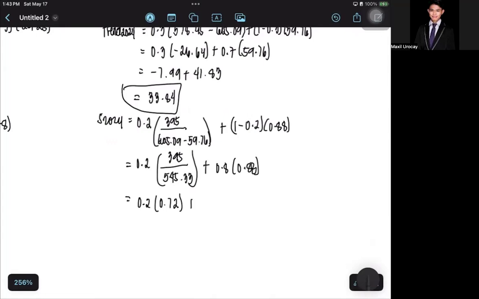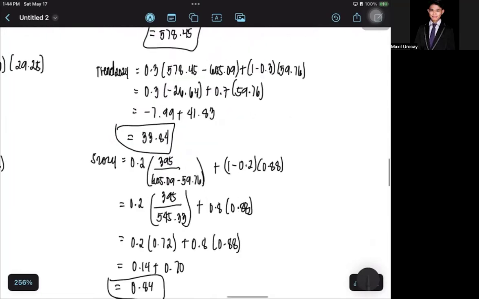So you simplify 0.2 times 0.72, and that will become 0.14, plus the 0.8 times 0.88, that will equate to 0.70. So right now, 0.14 plus 0.70 equates to 0.84. So this is the data for the seasonality of 2024.